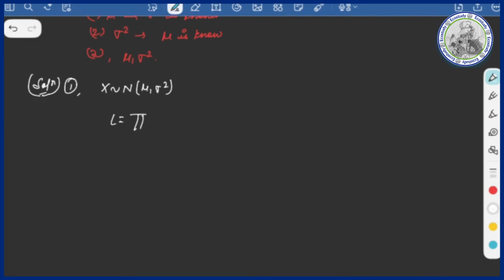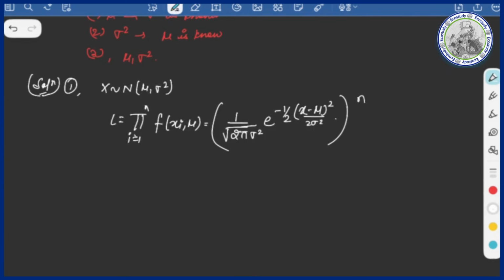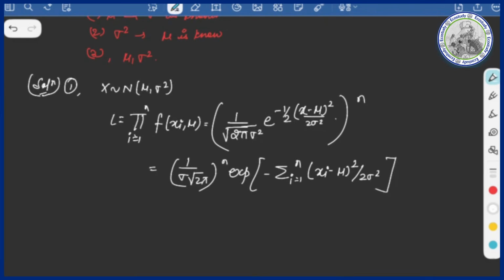So L is what? Product over i equal to 1 to n of f(xi, mu), that is (1 upon under root 2 pi sigma square) times exponential of minus (xi minus mu) whole square upon 2 sigma square, to the power n. And we write it like this: 1 upon (sigma under root 2 pi) to the power n, e to the power minus sum over i equal to 1 to n of (xi minus mu) square upon 2 sigma square.